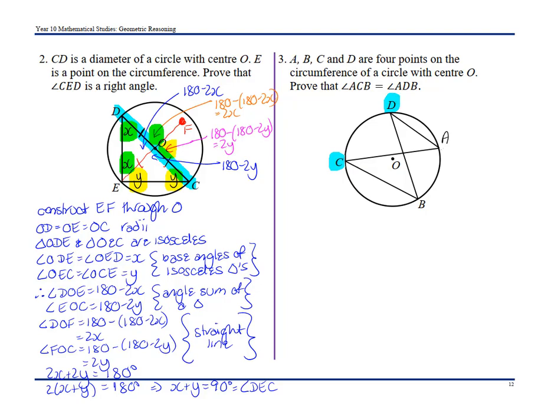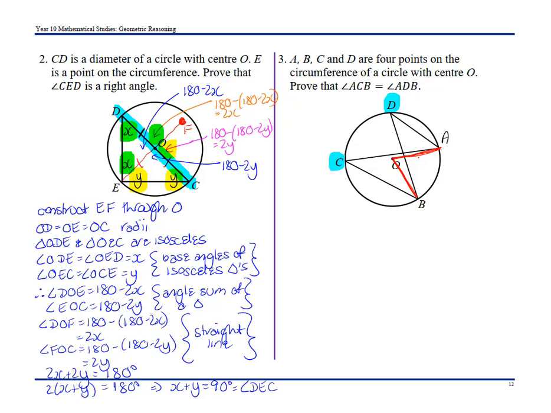Now, how to do that is to construct a couple of lines as well. So what I'm going to construct, I've got this center. If I draw the center to B and the center to A, I now have my Theorem 1.